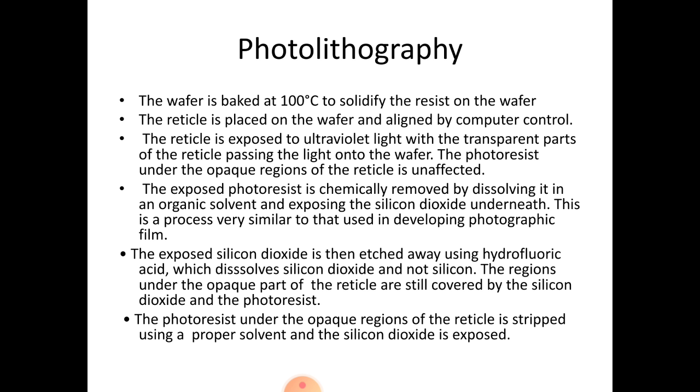The exposed silicon dioxide is then etched away with hydrofluoric acid, which dissolves silicon dioxide and not silicon. So the regions under the opaque part of the reticle are still covered by the silicon dioxide and the photoresist. The photoresist is stripped using a proper solvent and the silicon dioxide is exposed.